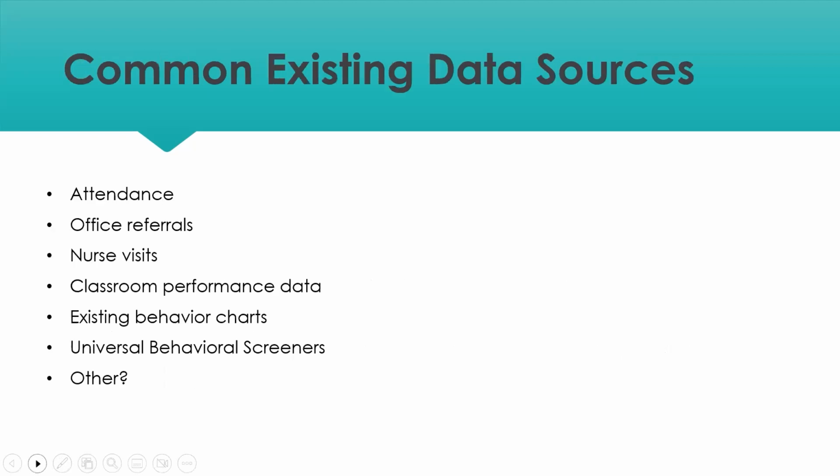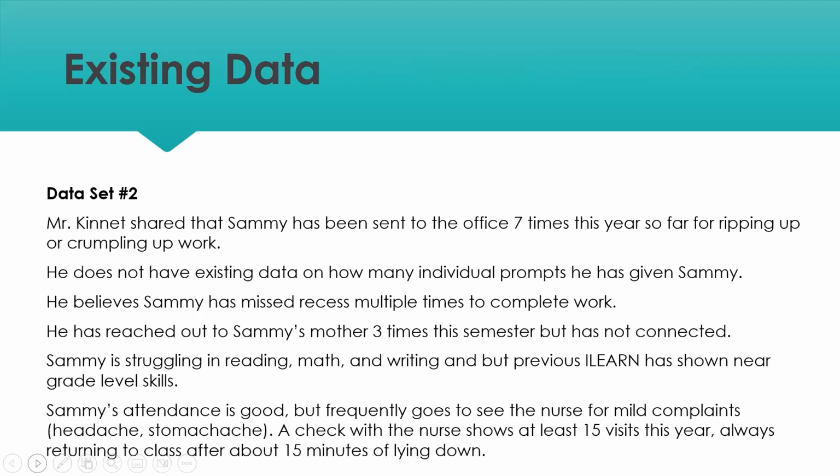All right, so you've got some good questions for Mr. Kennett. Here's what we know now after we ask some questions. Sammy has been sent to the office 7 times for ripping up and crumpling up his work. He doesn't know how many prompts he's given to Sammy. He believes that Sammy has missed recess multiple times to complete his work.